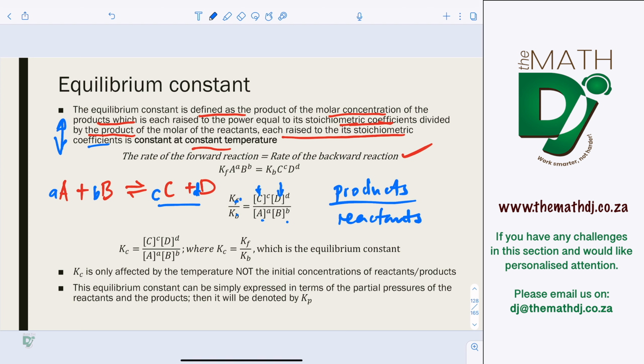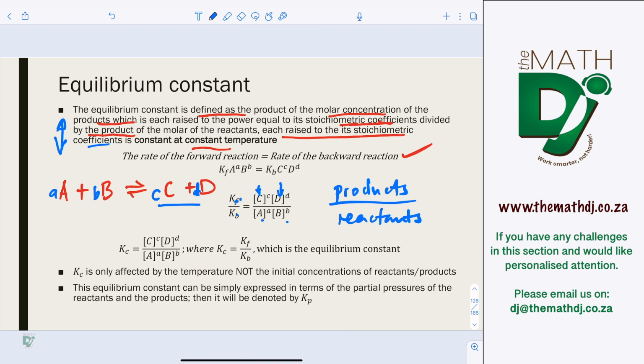When these are combined, they form Kc, Kf over Kb. Kf is the rate constant of the forward reaction, then Kb is for the backward reaction.